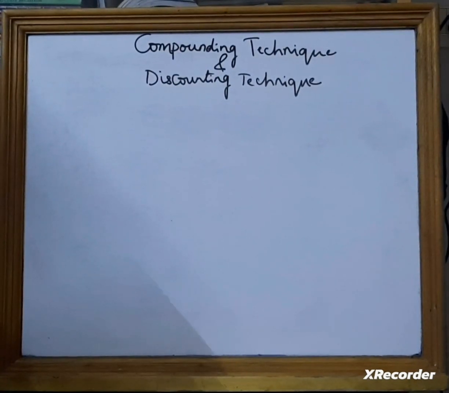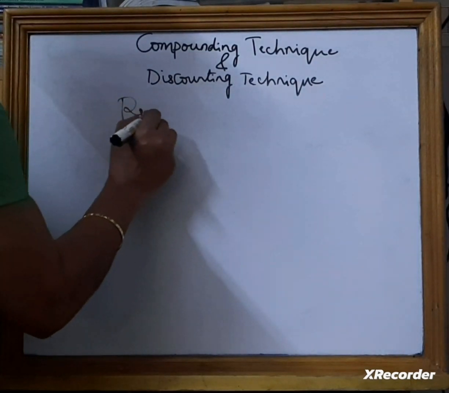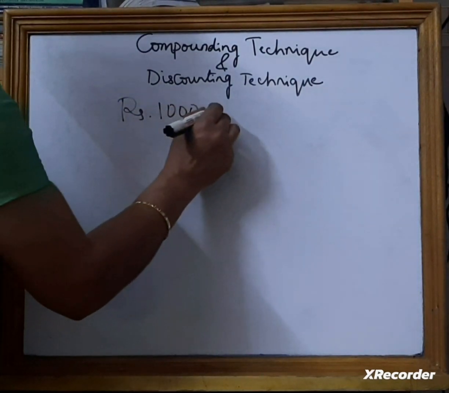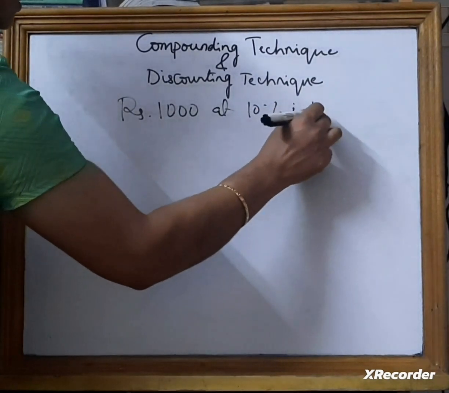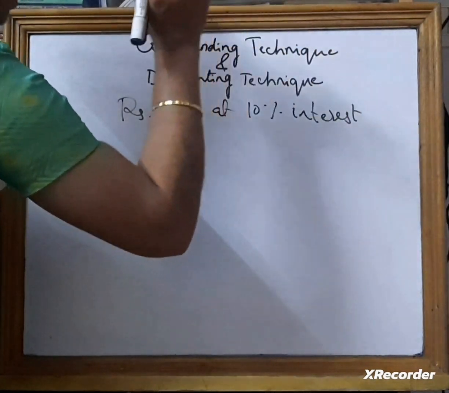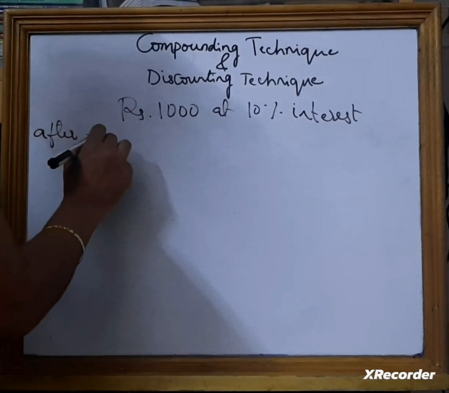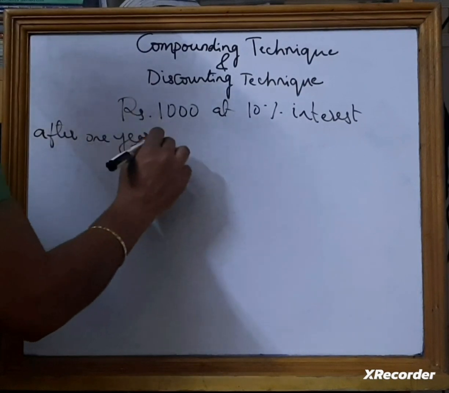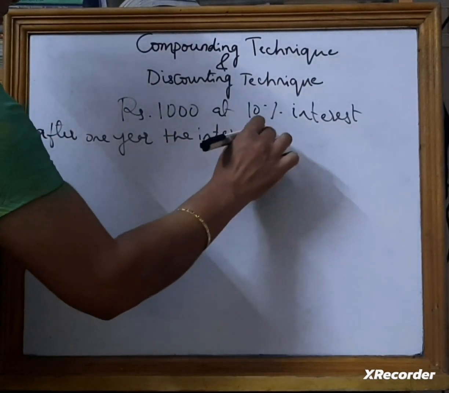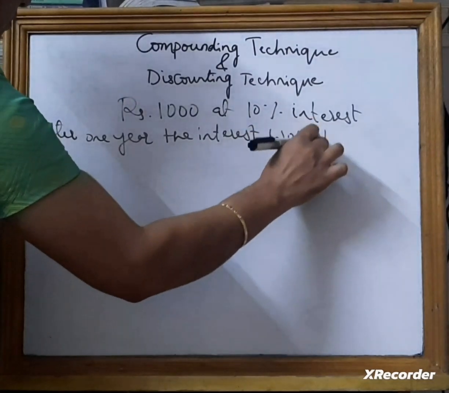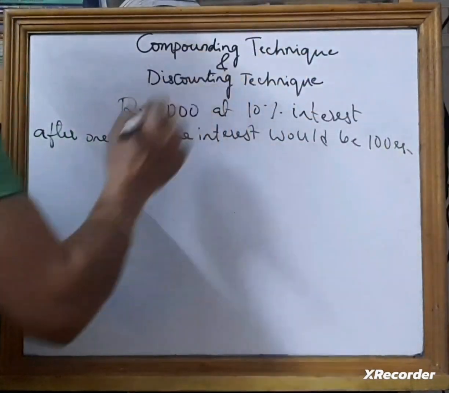It means that today if you deposit 1000 rupees at 10% interest, after 1 year the interest would be 100 rupees.